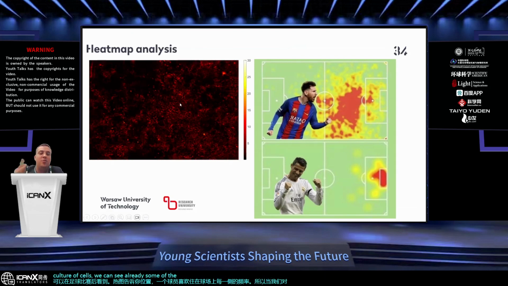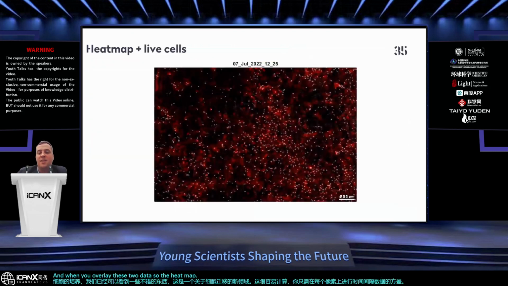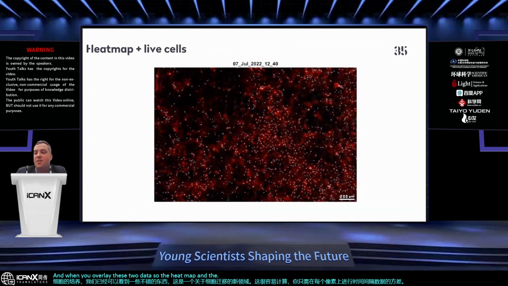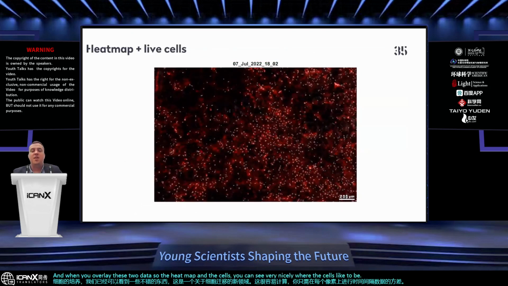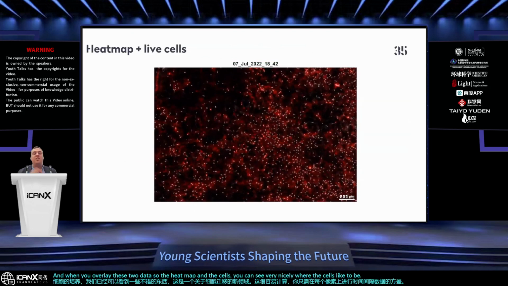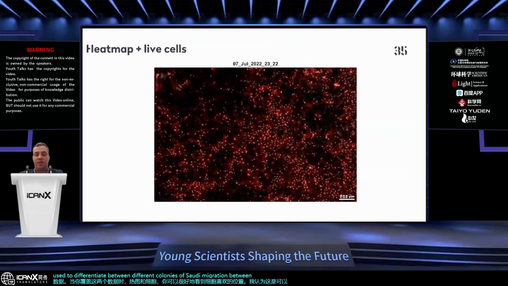It's a new domain of thinking about migration of cells. It's easily calculated: you just compute the variance in each pixel over the time-lapse data. When you overlay these two data, the heat map and the cells, you can see very nicely where the cells like to be. I think this can be used to differentiate between different colonies of cells with different migration behavior, but this is work in progress.